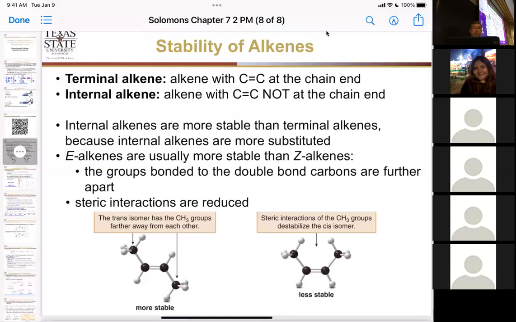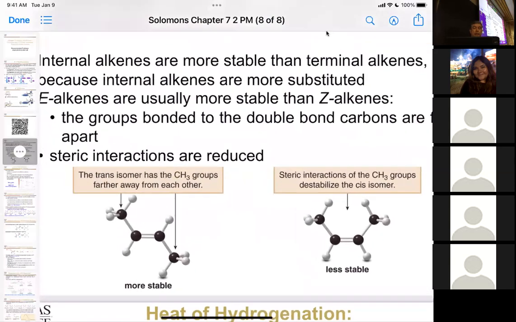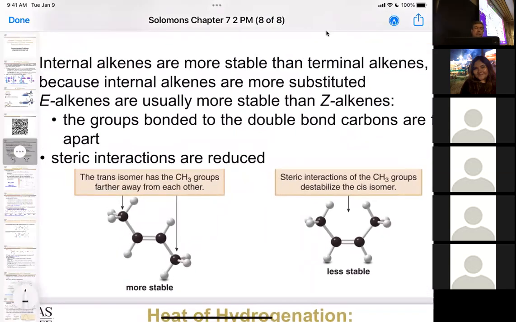The other thing that we want to look at right away is that the E is more stable than the Z. Why? In the E, they're both facing out in 2 different directions, right?